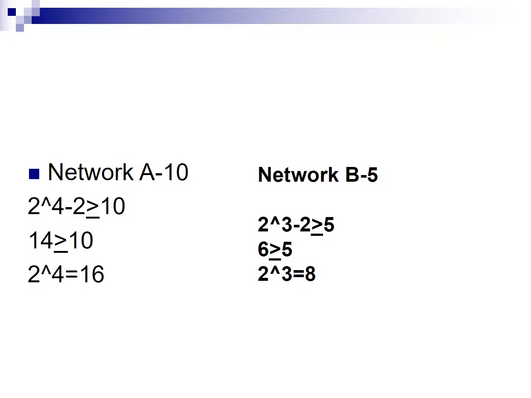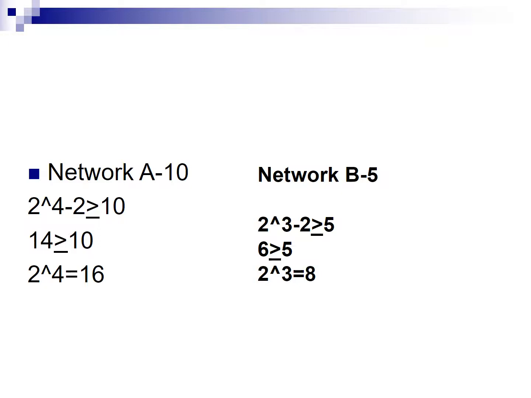So in this case, when we use 4, we can say 2 raised to the power of 4 minus 2 is greater than or equal to 10. When we do the calculations, we'll discover that we have 14, which is greater than or equal to 10. So therefore, 2 raised to 4 equals 16, and that would be our network spacing.